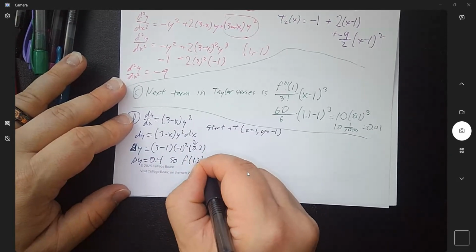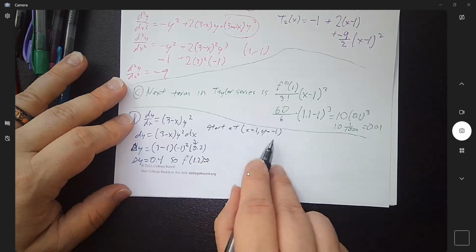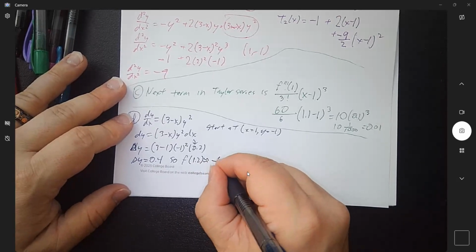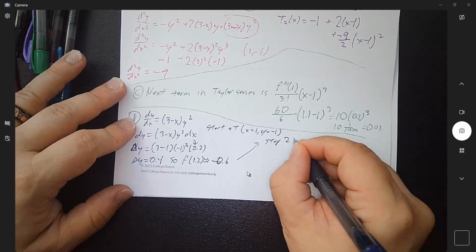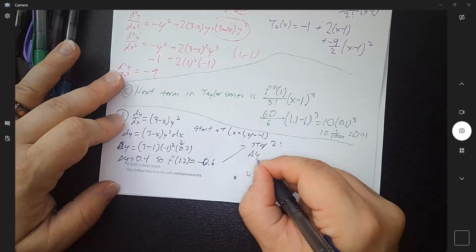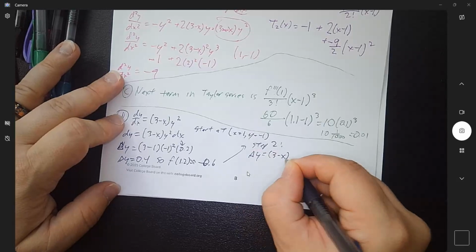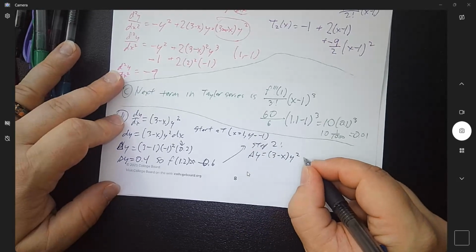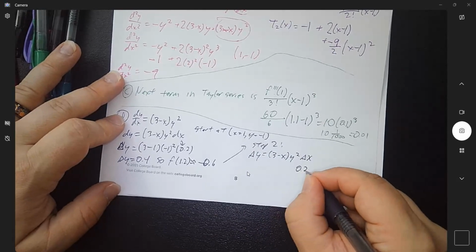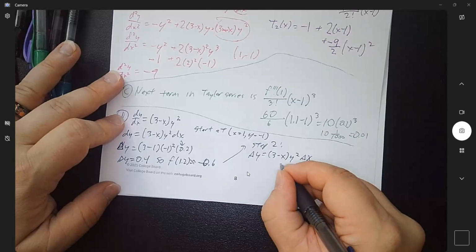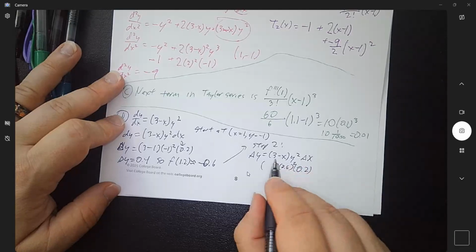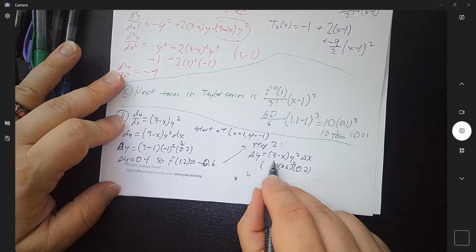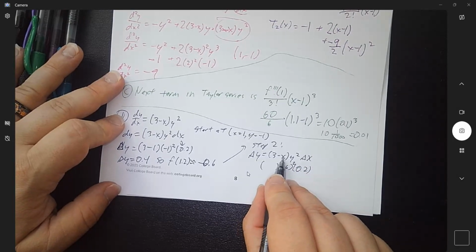So f at 1.2 is approximately 0.4 plus negative 1, which makes negative 0.6. Now step 2. Delta y is going to equal 3 minus x, y squared, delta x. The delta x is again 0.2. The y is going to be negative 0.6 squared, and this is going to be 3 minus 1.2.